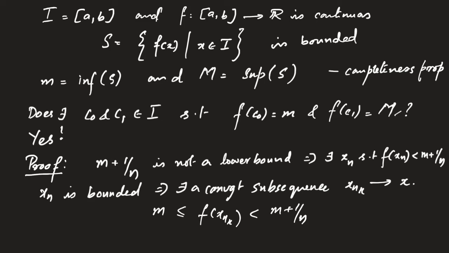So if you use the limit theorem, what this says is that m is less than or equal to f(x), which is less than or equal to m, which implies that f(x) is equal to m. So this was the c_0 that we required. Similarly, we can show that there exists a point at which the value of f is equal to capital M. And I leave the proof of that part as homework.